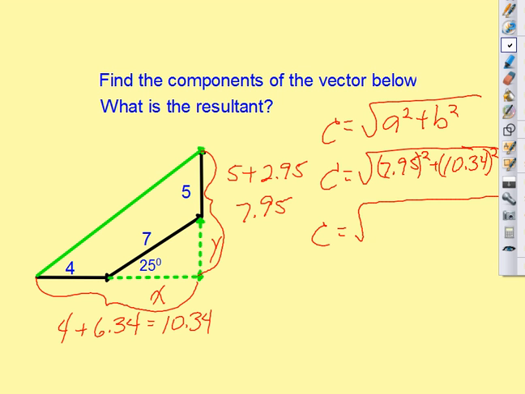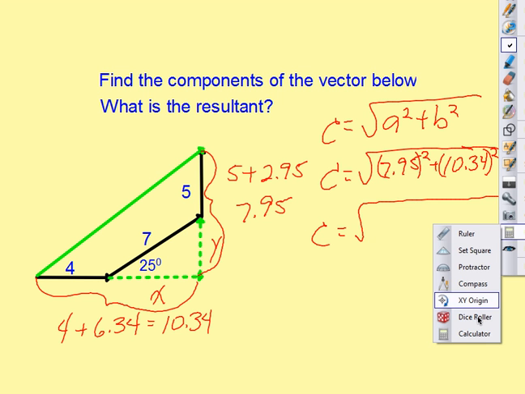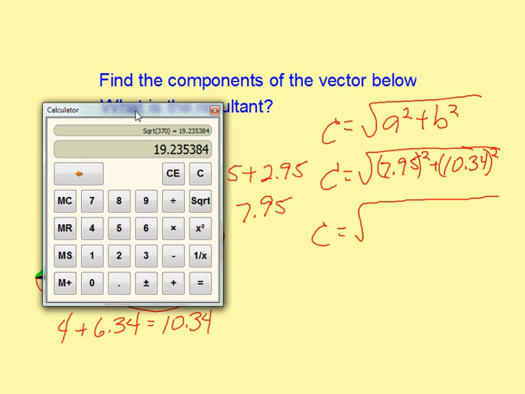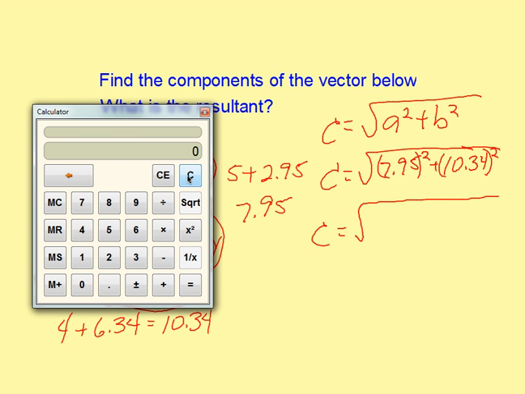Let me get the calculator out one more time. 7.95 squared is 63.2, and 10.34 squared is 106.9.